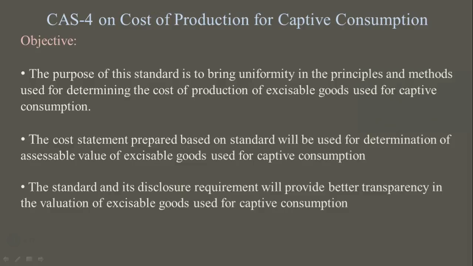There is nothing else which we have to use for calculation of assessable value for excisable goods. Okay, the standard and its disclosure requirements will provide better transparency in the valuation of excisable goods used for captive consumption. Basically this standard is prepared to bring transparency in the valuation of excisable goods, and not for all excisable goods, only excisable goods which are used for captive consumption.